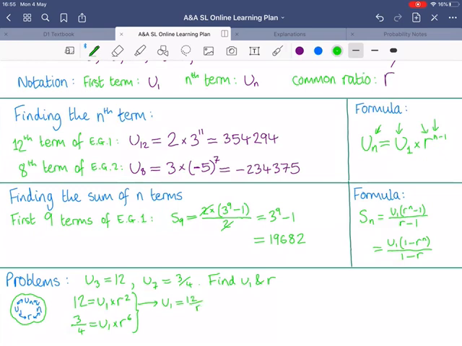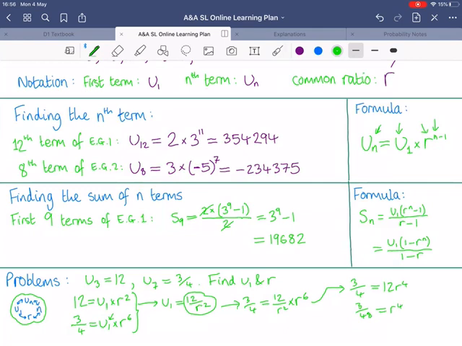If I can make u1 equal 12 over r squared, I can substitute this fraction into u1 in the other equation. So I can say that 3/4 equals 12 over r squared times r to the power of 6. Now on the right hand side, these powers of r will cancel out to give you r to the power of 4.